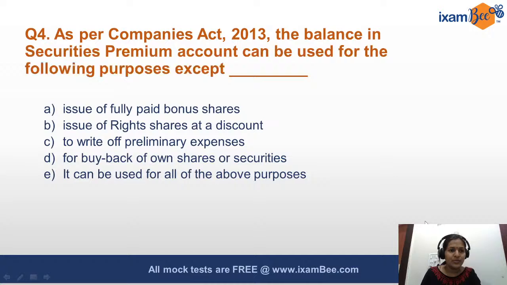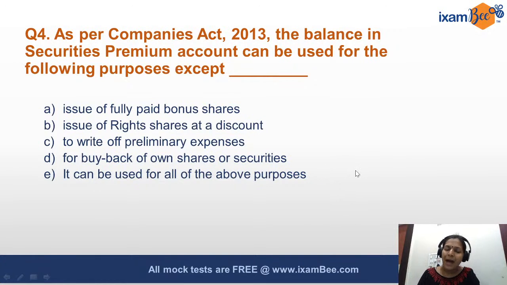Okay. Next question. As per Companies Act 2013, the balance in Securities Premium Account can be used for the following purposes, except which of the following? There's a securities premium account that a company can create if they are issuing shares at a premium.